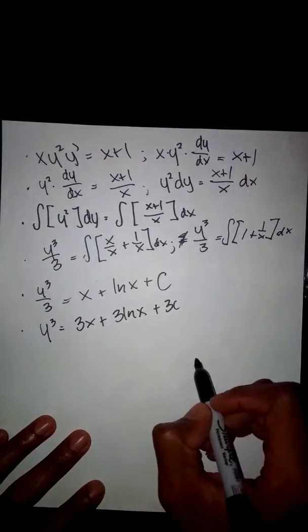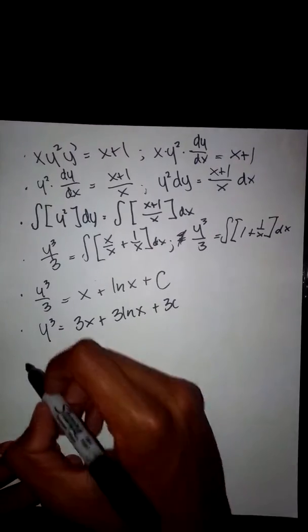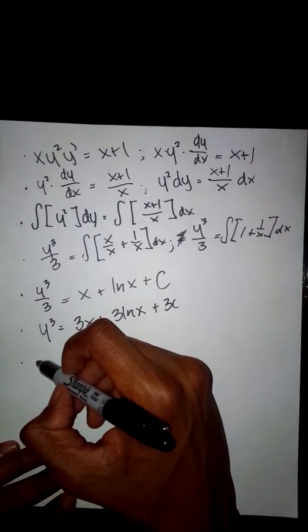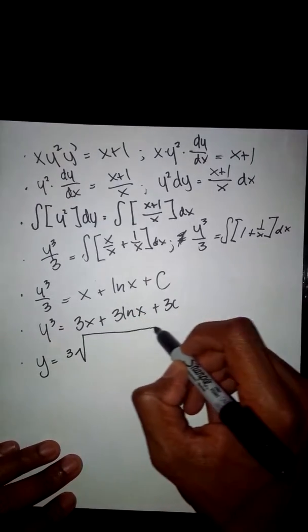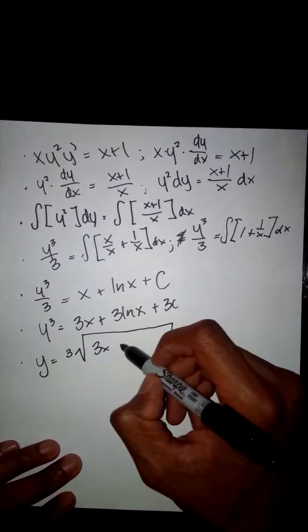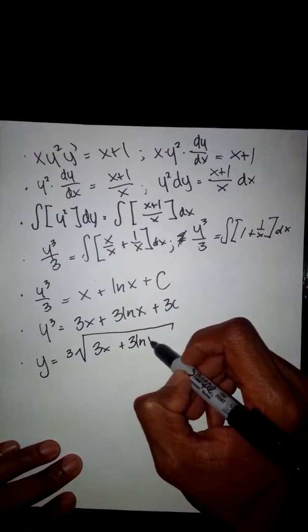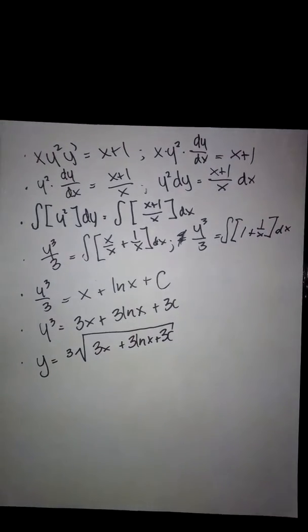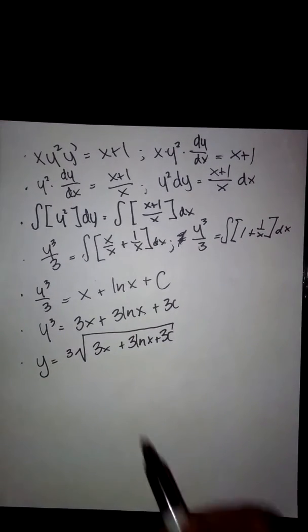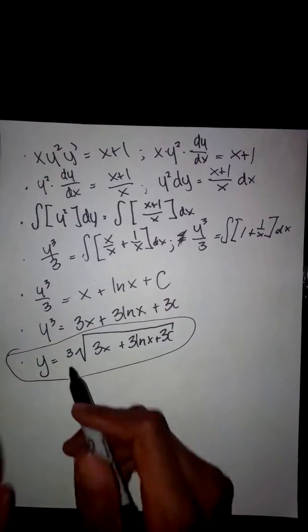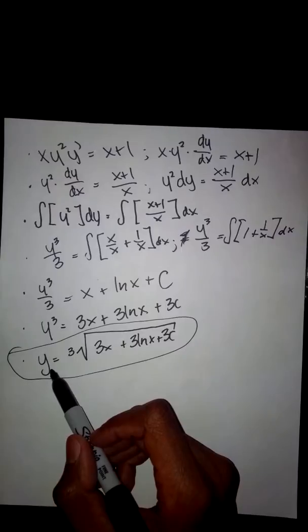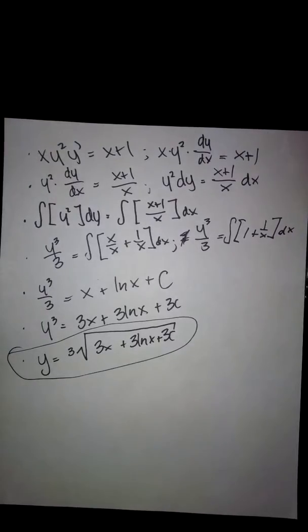Taking the cube root of both sides, we're going to get y is equal to the cube root of 3x plus 3 ln x plus 3c. And this right here is our answer. That's exactly what we were looking for, right? The original function in terms of y.